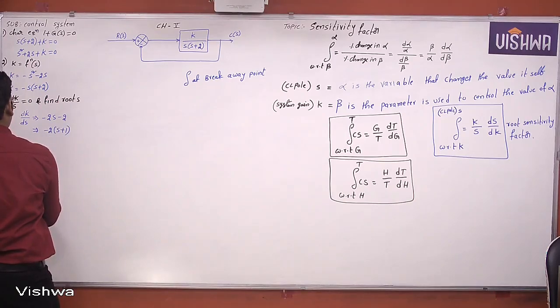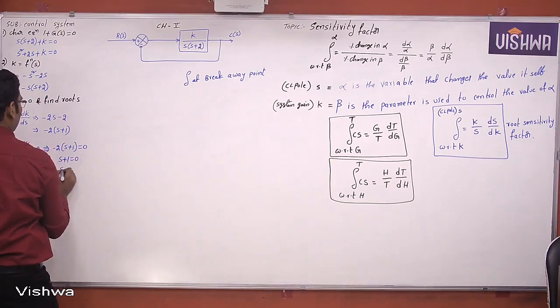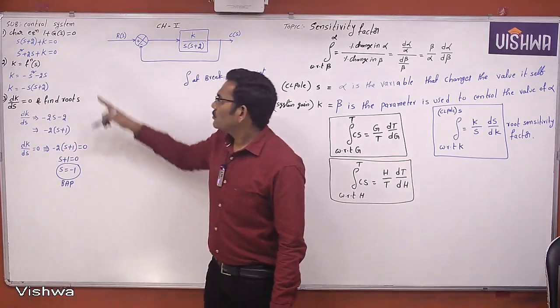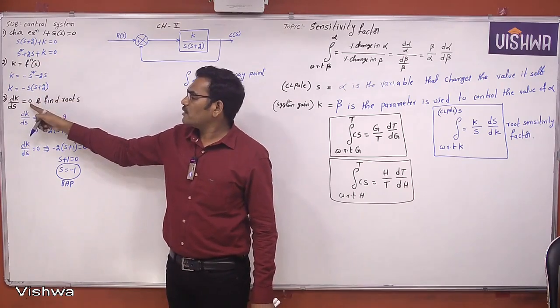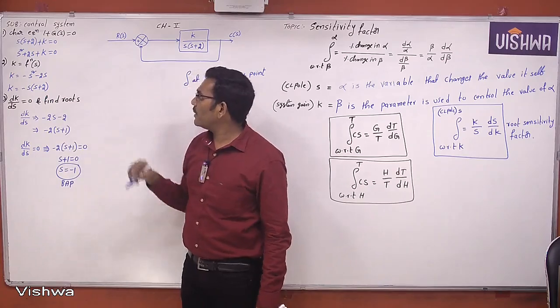Therefore dk by ds equal to 0, so minus 2 into (s plus 1) equal to 0, s plus 1 equal to 0, s equal to minus 1. This is the breakaway point. Clear or not? So first the characteristic equation, k as a function of s, differentiate k with respect to s and equate to 0, find the roots, and this is the breakaway point.